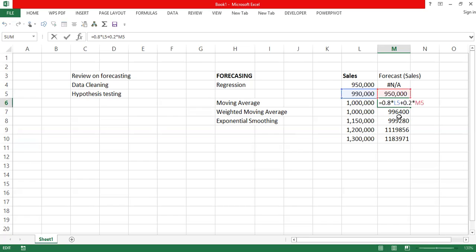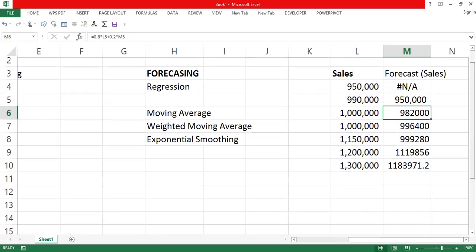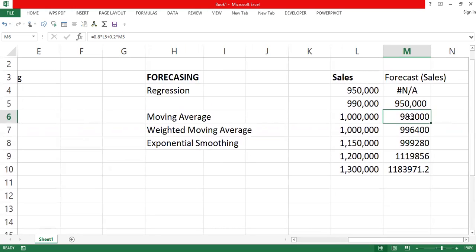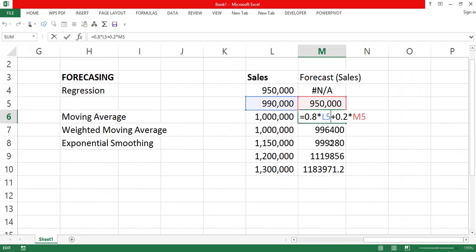I want you to just observe what happens. Let me display the formula. Can you see that? What did I choose as my damping factor? Do you remember? 0.2.